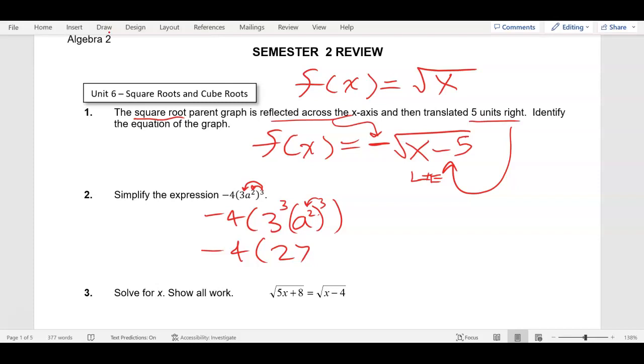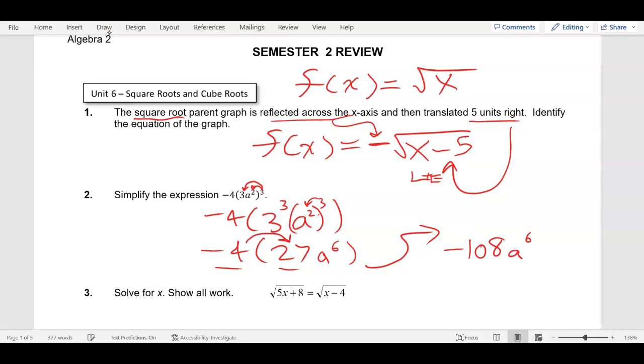You multiply the 2 times 3, and you get a to the power of 6. It's not 5, it is 6. And then your last step, you take the -4 times 27, get -108, and then a to the power of 6.